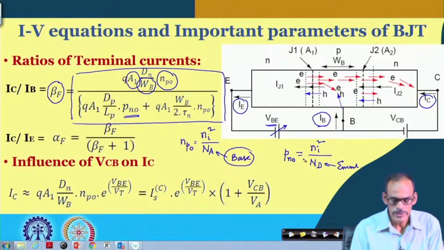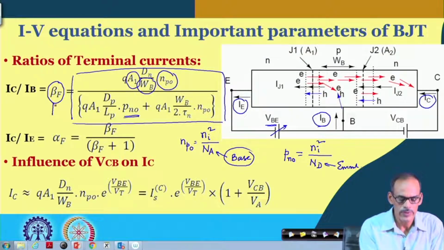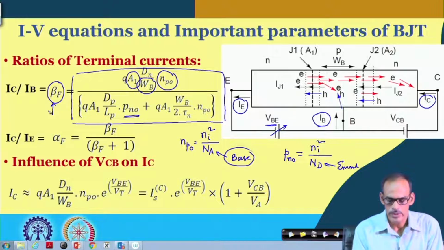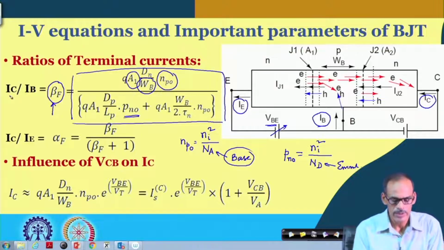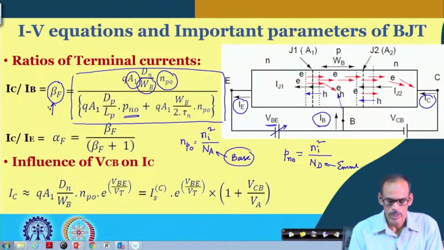Whatever it is, if we are looking for a device working as a good amplifier, we would like the base to collector current gain beta to be as high as possible, and this equation reflects how we can make this beta high.